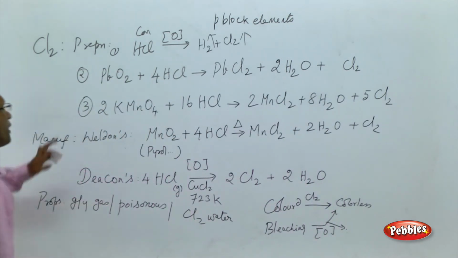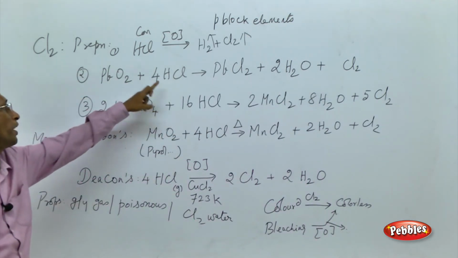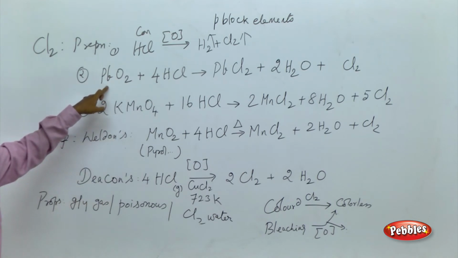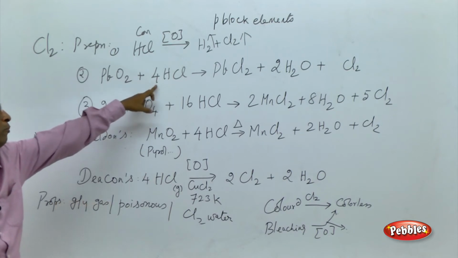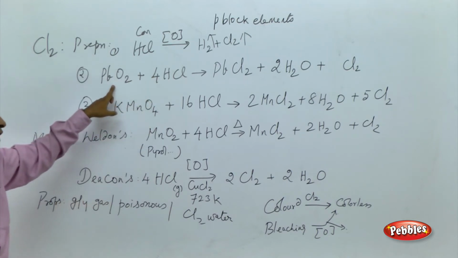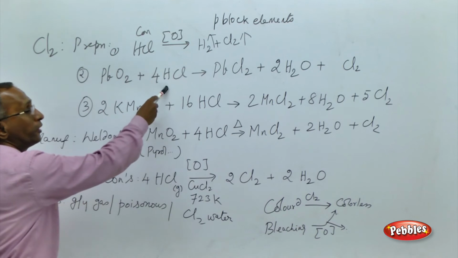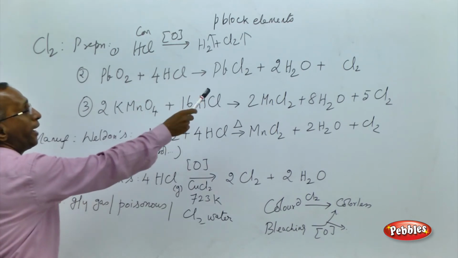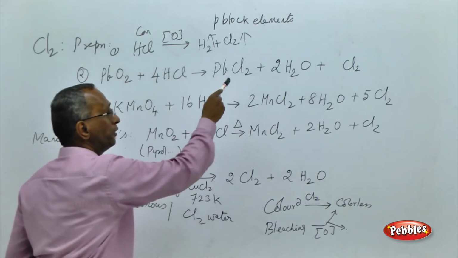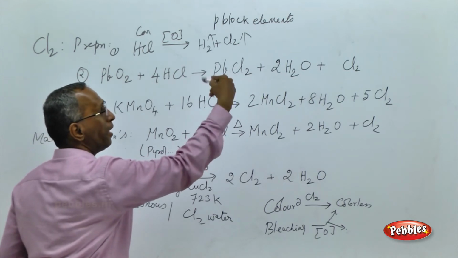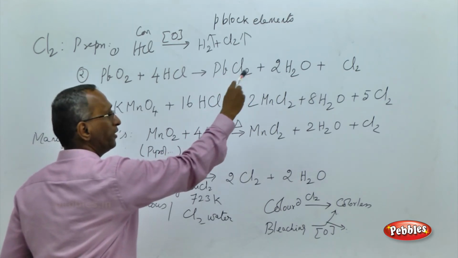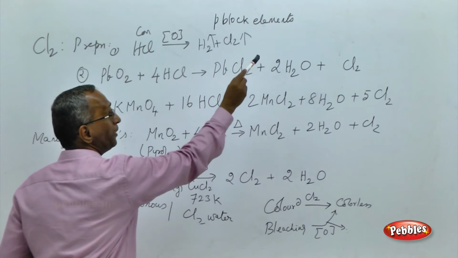The next important reaction is the action of hydrochloric acid on lead dioxide, PbO2. Lead dioxide is the solid, and hydrochloric acid is in the aqueous phase. They react to form lead chloride, which is a salt. It may be soluble or insoluble; generally it is insoluble and precipitated.